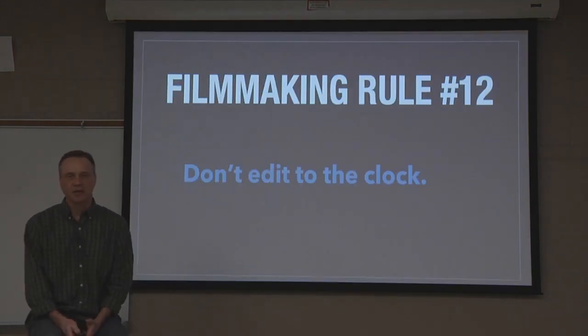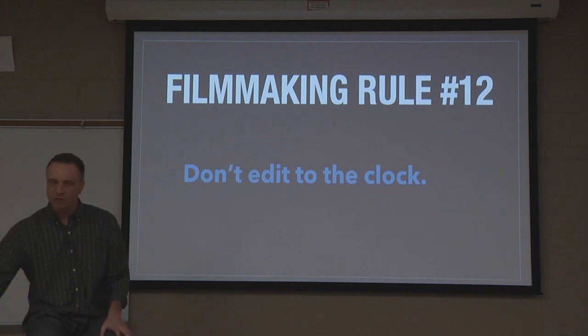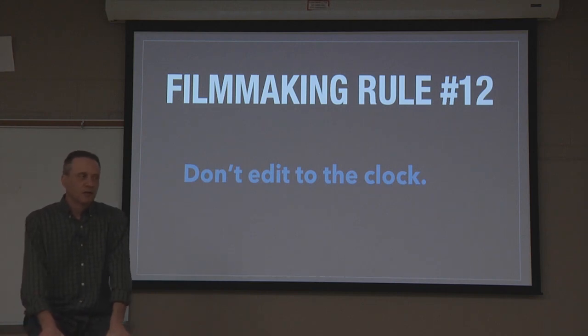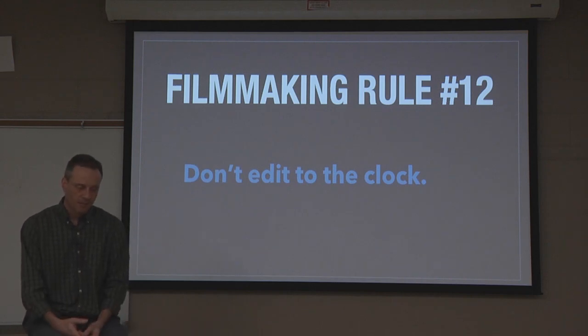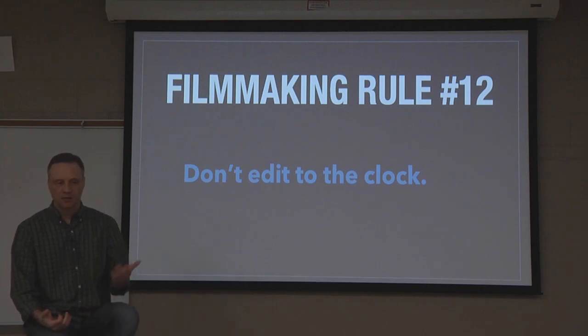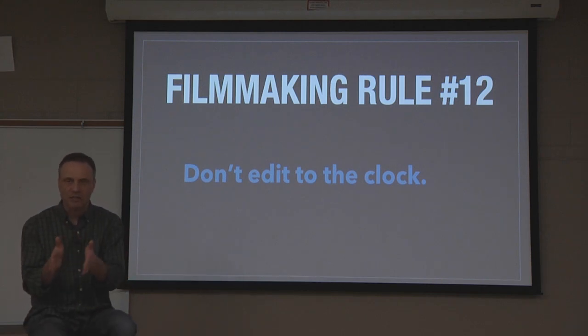What this means right here, don't edit to the clock. You never want to have time be a reason to cut. Now, if I'm watching a shot and I'm thinking to myself, okay, this shot has lost its interest to me, that's a point to cut.